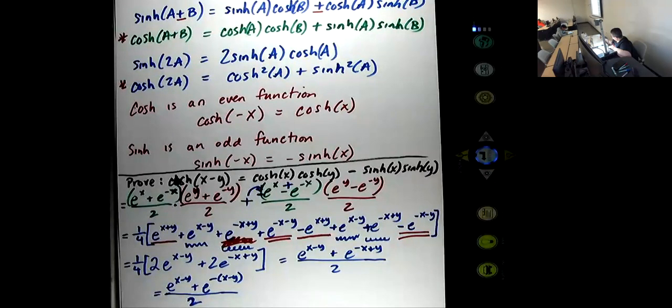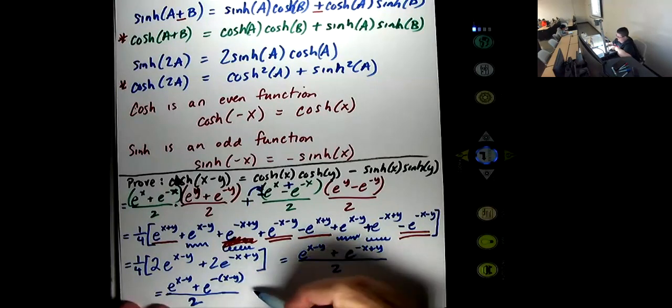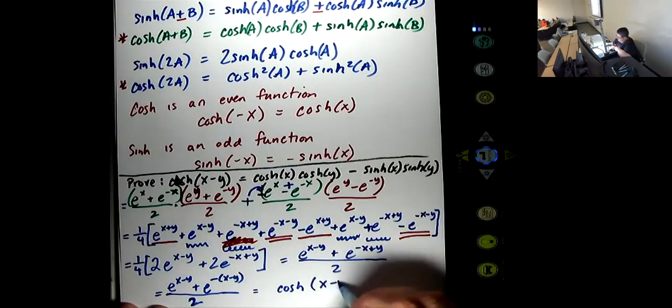Why do I have a negative here? What did I mess up? That should be a minus sign in there, and it's not. Or I'm wrong. Because this looks like cosh of x. Oh no, I'm right. It's cosh of x minus y.